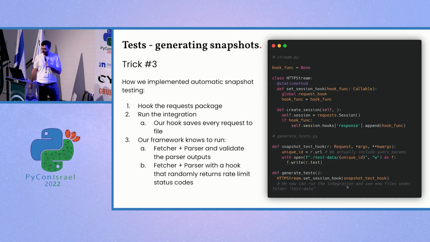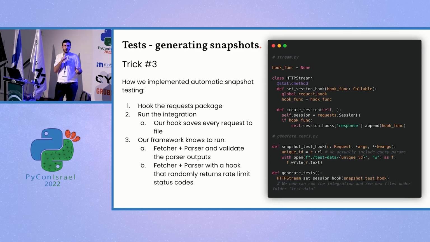So that's about it. The last trick that I want to talk about is how to ease the pain of testing. Let's say we got a lot of integrations, and for each integration, we need to fetch APIs, save it in a file, then run it in the test to make sure that we got everything right. To automate this, we used the requests package hooks. In our test, we have a special process that we can run, and it really runs the integration with some kind of our token, for example.